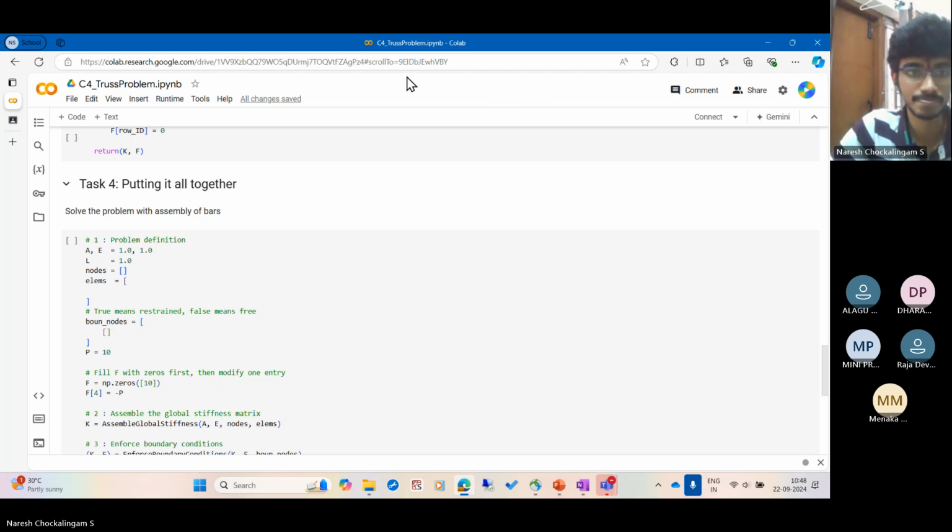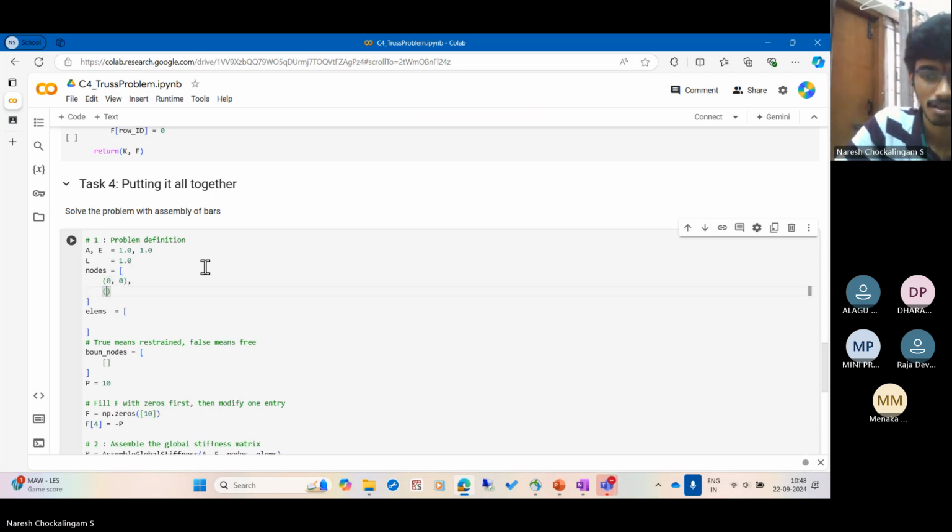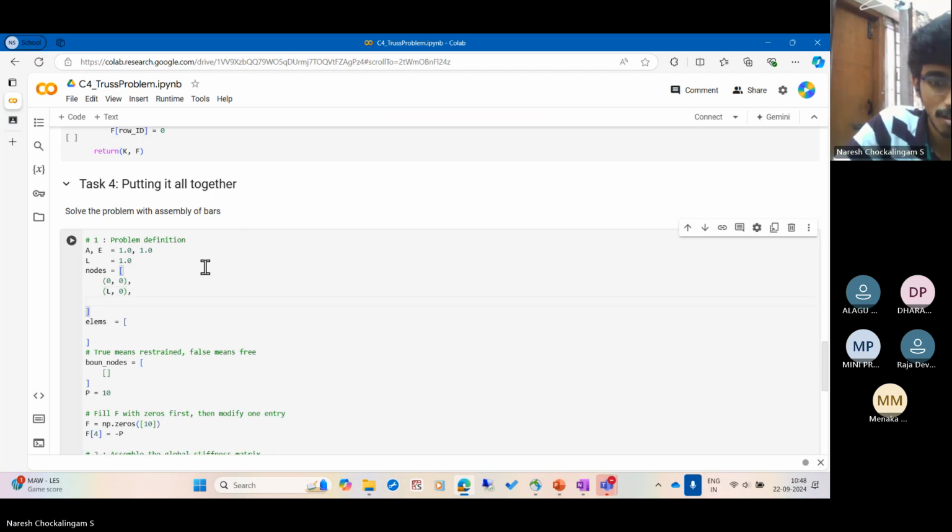So nodes, as you said, it is 0, 0, L, 0, L by 2, np.sqrt 3 divided by 2. So whenever you have to take square root, use this NumPy library.